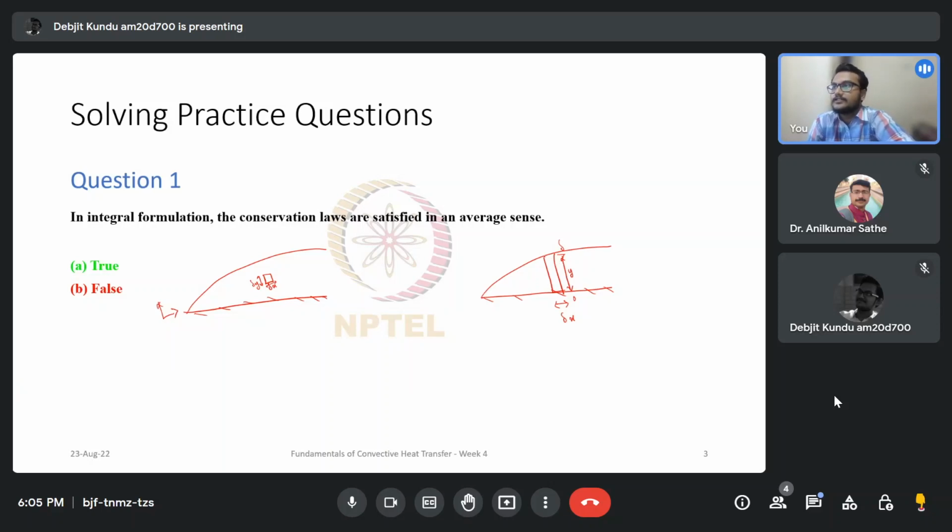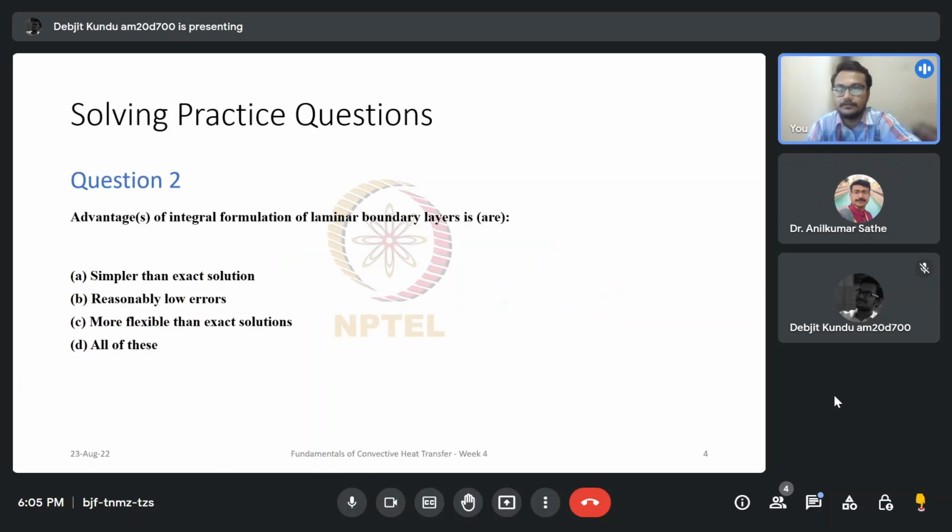So after solving this, we lose the sense of variation along y and only get the variation along x. In that sense, the conservation laws are satisfied in an average sense. We get an average over y, not particular values at different points in y. Hope that makes sense.